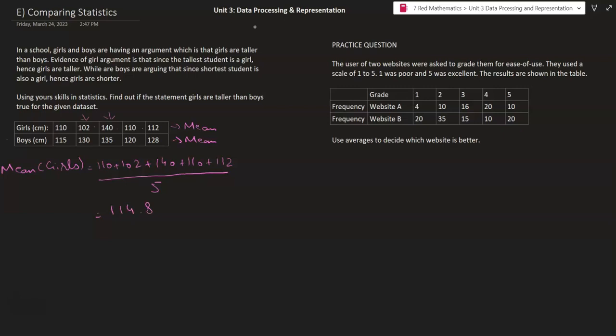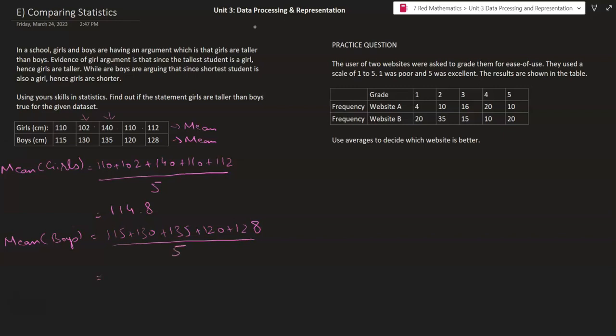Now we have to calculate the mean of the boys. And now we write mean of boys. That will be, we will add all of the heights, 115 plus, we already know the formula, and then 120 and 128, and from the formula we know that we have to divide it by the total number of students, 1 2 3 4 5, that is the total number of data points.